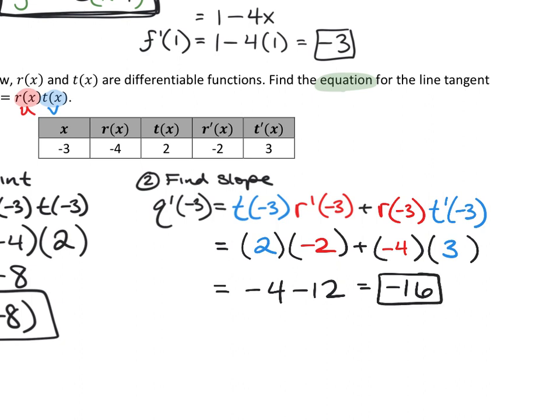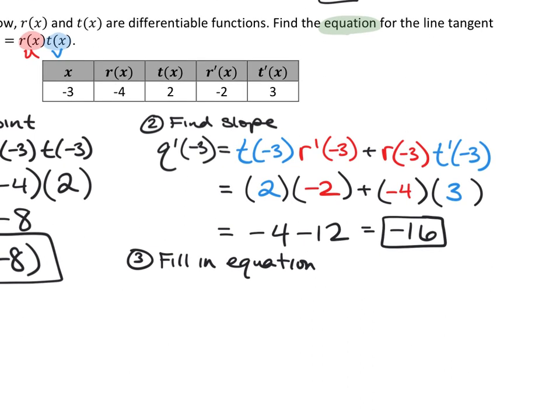All right, so now we have our point and we have our slope. Now we just fill in the equation. Those steps are always the same. It's just that possibly finding our derivative is a little bit different each time.